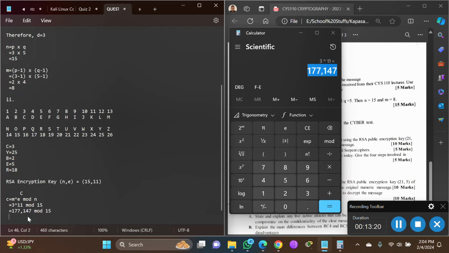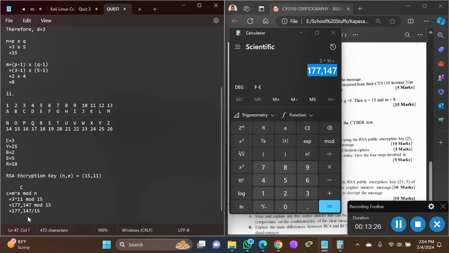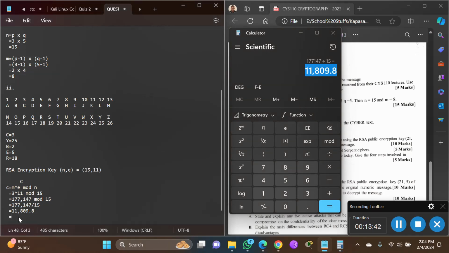So as I said, mod is just like the same thing, then divide by that denominator, which is 15. Now, dividing this by 15, we get this. So I'll copy, then you paste. Now at this point you need to get rid of that dot or point by doing this.